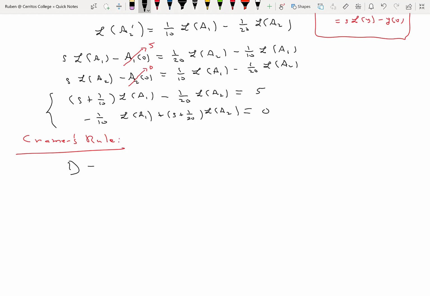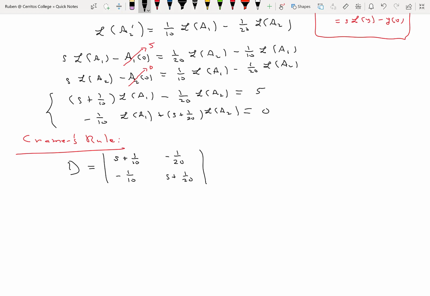So D, the determinant of the coefficients, is: in the first equation, the coefficient of Laplace A1 is s plus 1/10. Yes, I realize my s's still look like 5s. And then the second entry is negative 1/20, then negative 1/10, and s plus 1/20.